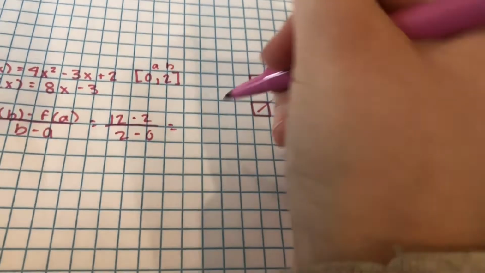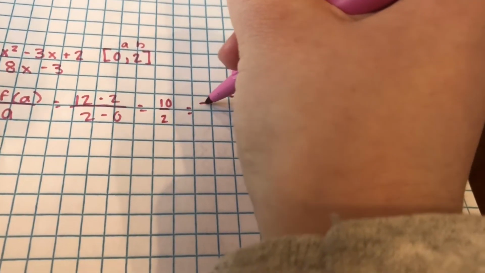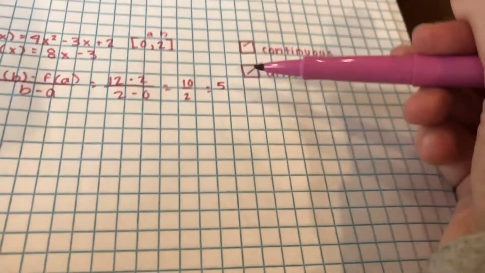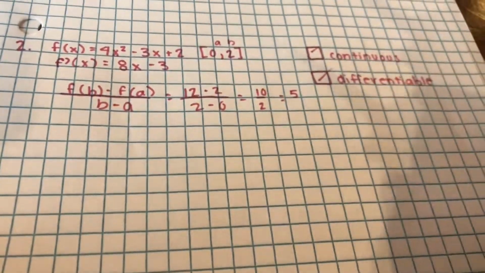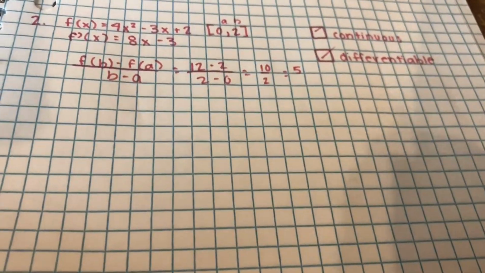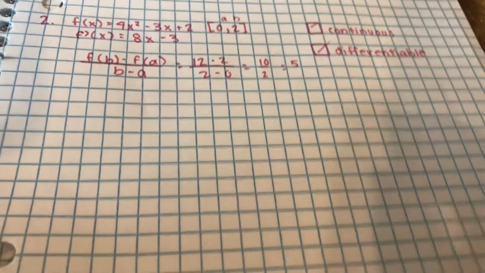This comes out to be 10 over 2, or 5. To reiterate, this is our slope of the secant line, and this is our slope of the tangent line, so we set them equal to each other to find what value satisfies the mean value theorem. We have 8x minus 3 is equal to 5.